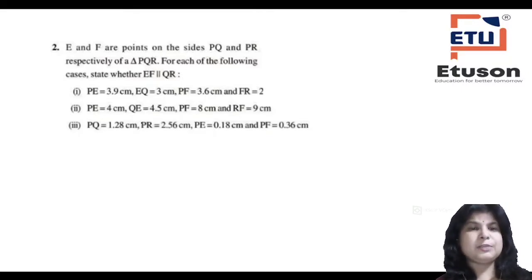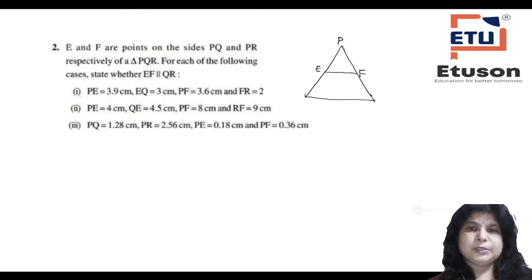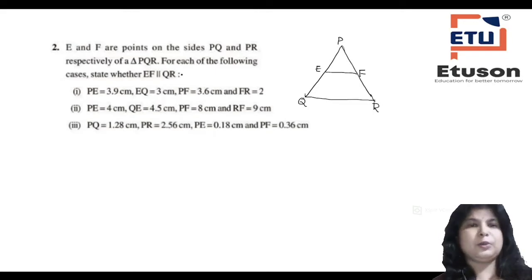So in each bit we have to find out the ratio between the segments we are getting by the points E and F respectively. So this is PQR triangle. E and F are points on the sides PQ and PR respectively. We don't know if EF is parallel to QR or not, so we need to check for each bit.